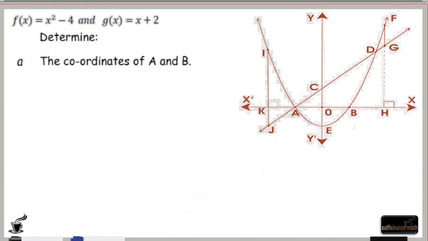So, first question. Determine the coordinates of A and B. Over there and there. And we can see that they are x-intercepts. So, in terms of f of x, for x-intercepts, we set y equal to 0. Why do we do that?